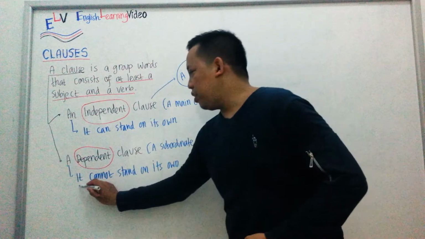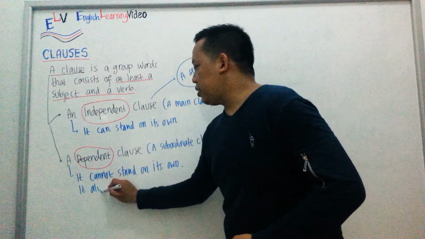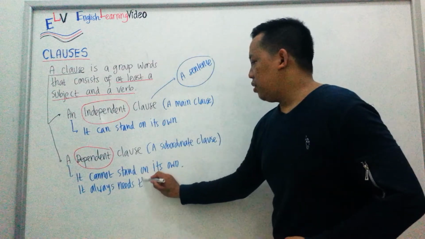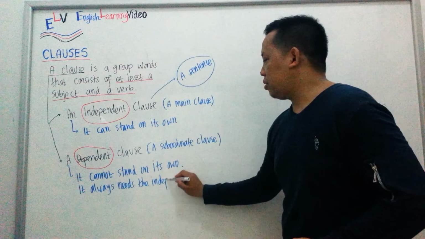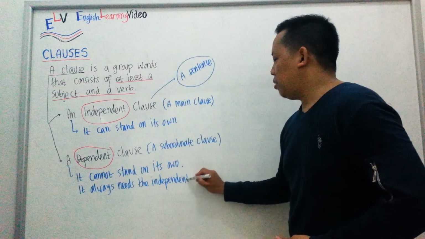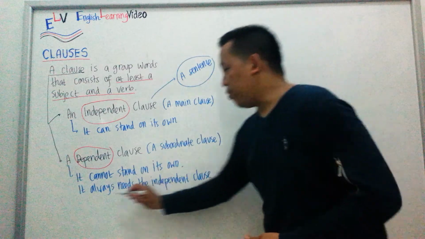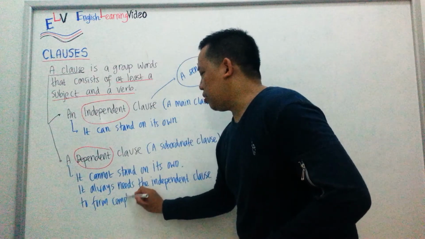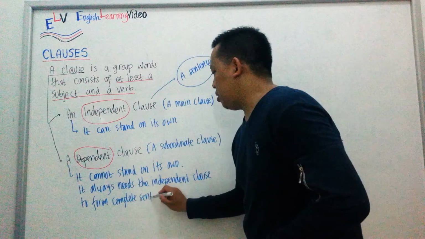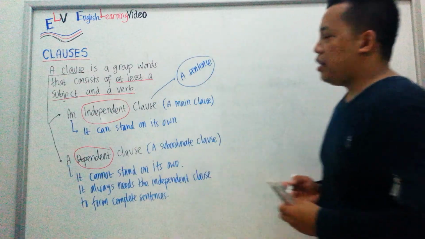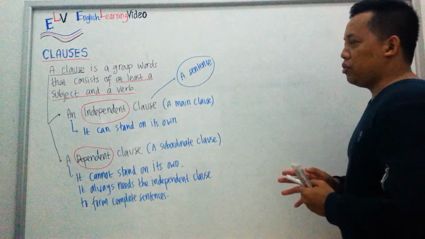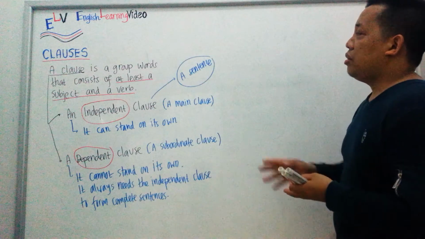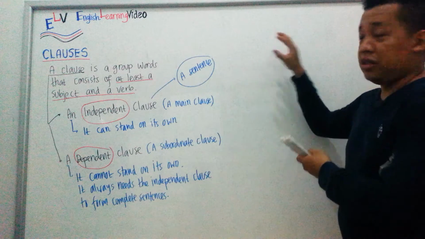In other words, it always needs the independent clause to form complete sentences. Alright? By this, a dependent clause, although it has a subject and a verb, can never be called or used as a sentence.